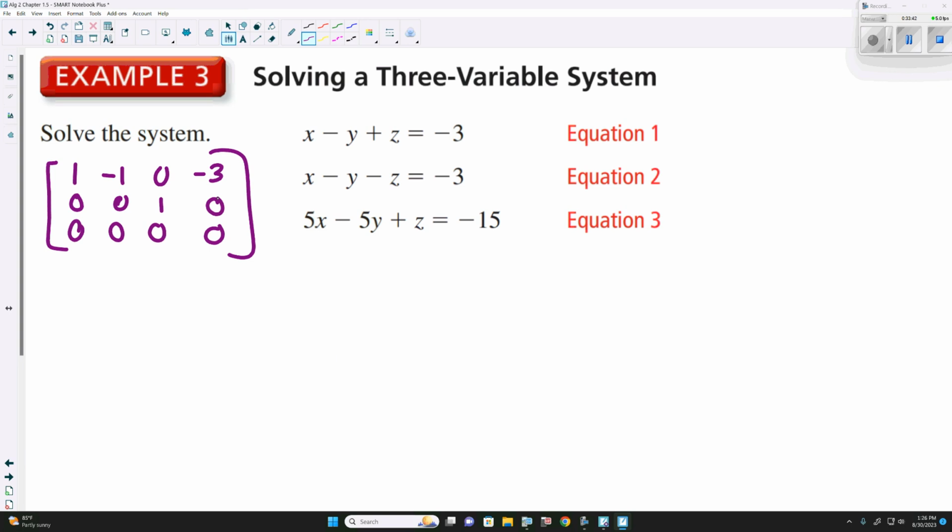We found that it was infinitely many solutions. And part of the reason we know it's infinitely many is this bottom one is telling us 0 is equal to 0. Not all real, infinitely many solutions.